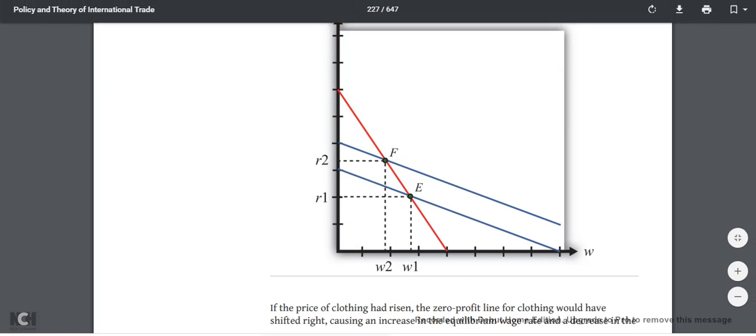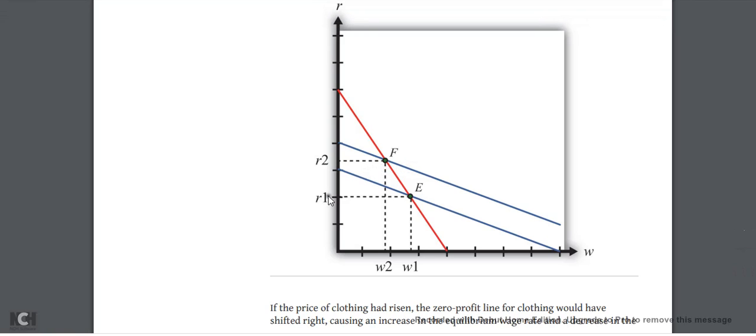And on the other side, earlier the rental on capital paid to the capitalist was R1. Now since there is more utilization of capital in manufacturing steel, you can see the rental rates given to the capitalist increased from R1 to R2. So you can see the prices increased.